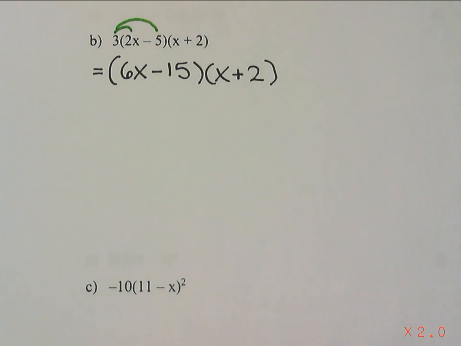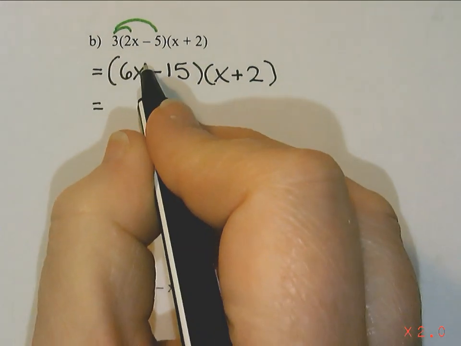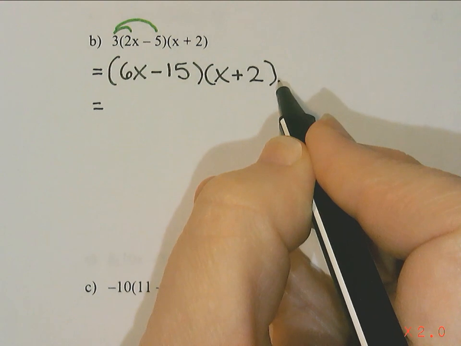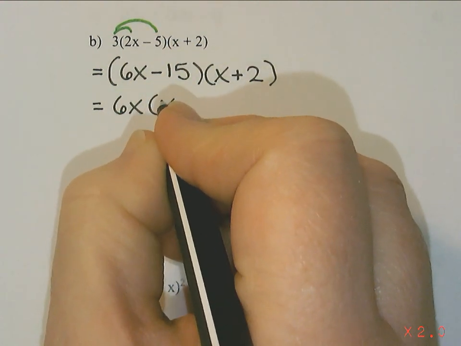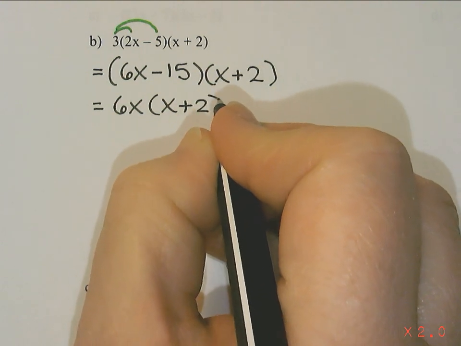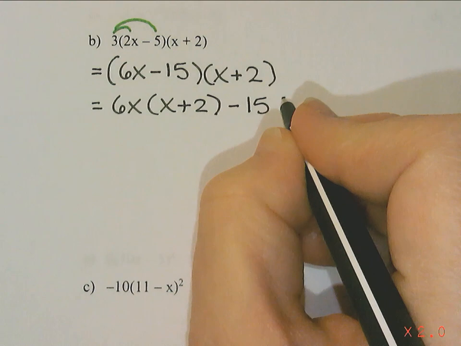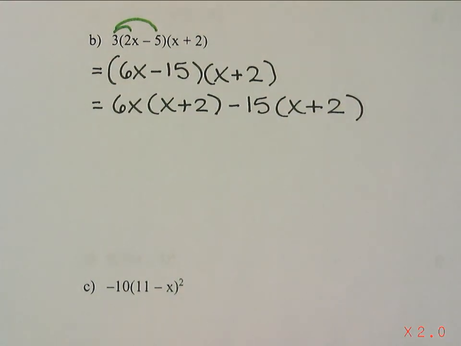All right, from here, we're going to multiply the way we normally do with binomials. I'm going to take each term in the first bracket and multiply it by the second bracket. So we're going to do 6x times (x + 2), and then minus 15 times (x + 2).